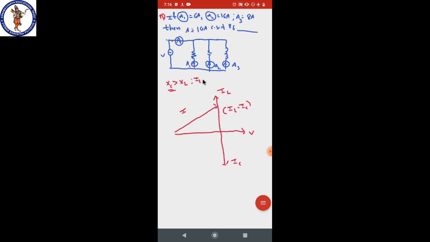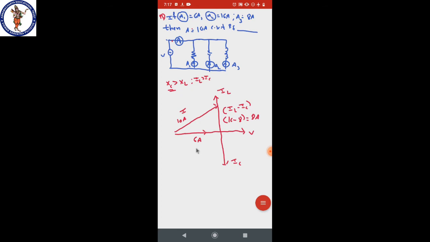Then IL is greater than IC, so that case I will take here: IL minus IC. Now I will write the values. 10 amperes here, 16 minus 8 gives 8 amperes. Here the resistor current IR will be 6 amperes.